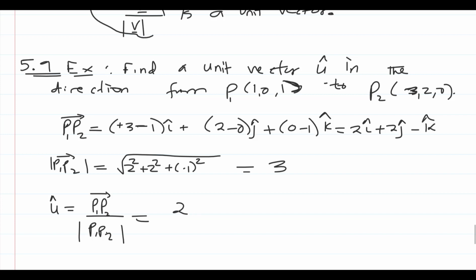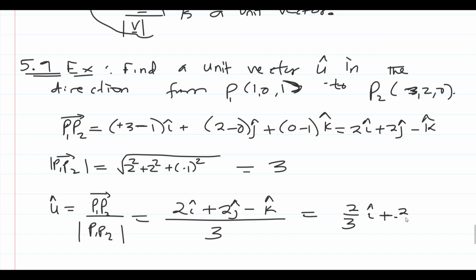We have 2i plus 2j minus k, and remember, don't forget the hats on the unit vectors, divided throughout by 3. So which means we can now divide throughout. So we have 2 divided by 3 i plus 2 divided by 3 j minus 1 over 3 k.